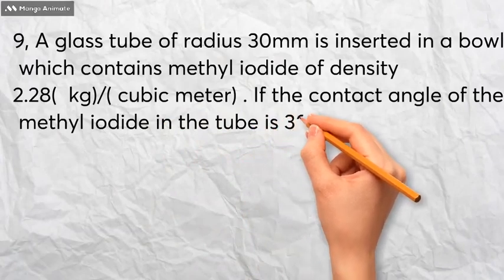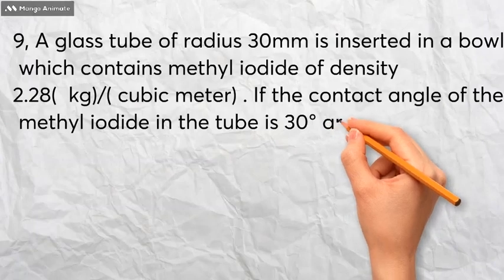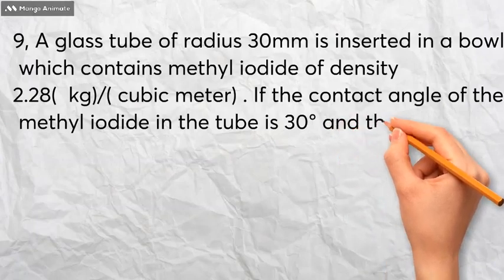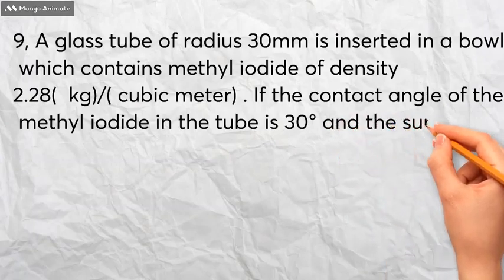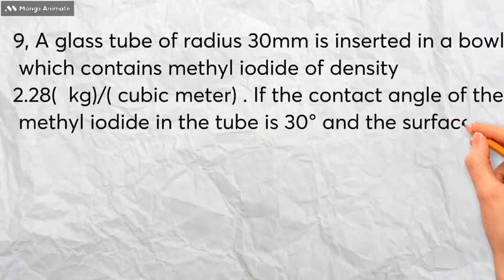Plug in the values. h equals 2 times 0.26 times cos 30 degrees over 2280 times 9.8 times 0.03.